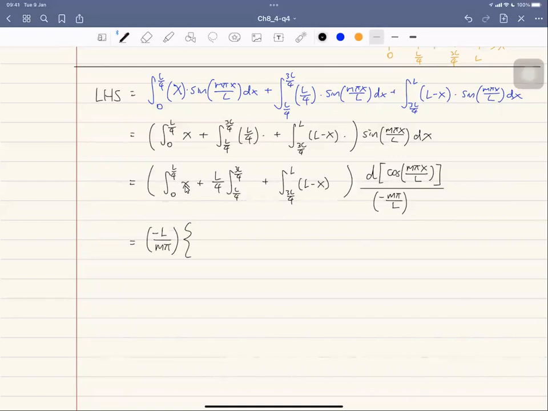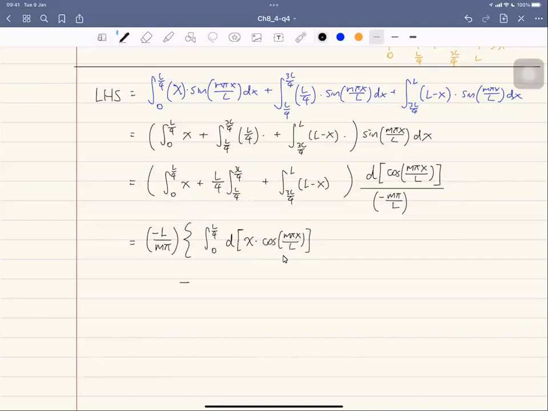Now, what we are going to do is change that into d of x times cosine m pi x over L, like this. I'm just going to put the x in, but of course that's over-differentiated or over-integrated. I don't know which way I should think about it, but this is a little bit too much. So I need to subtract away a piece, and let me subtract it below.